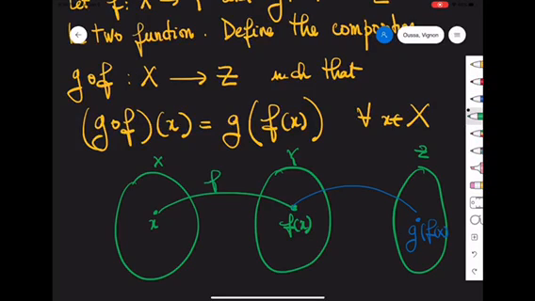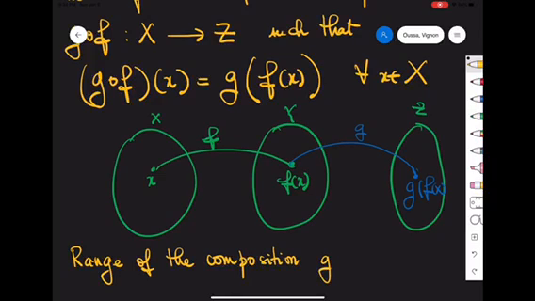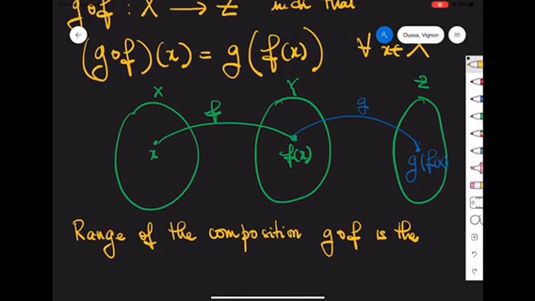So this goes through f, and this here goes through g. The domain here is X, and the codomain is big Z. And the important point to note here is that the range of the composition g composed with f is the range of g.